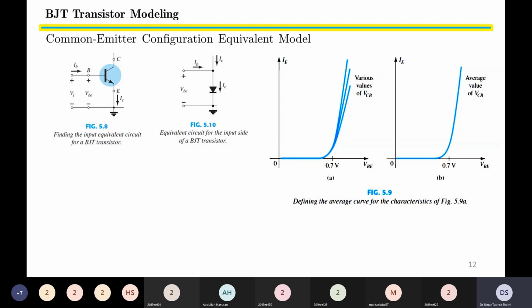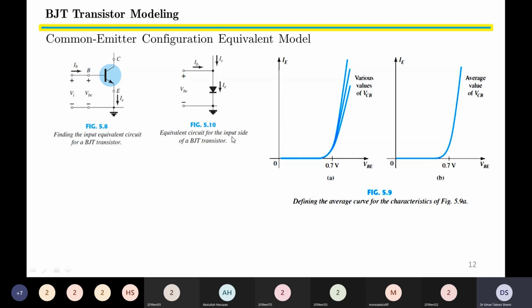The emitter current is the sum of the base current and the collector current.